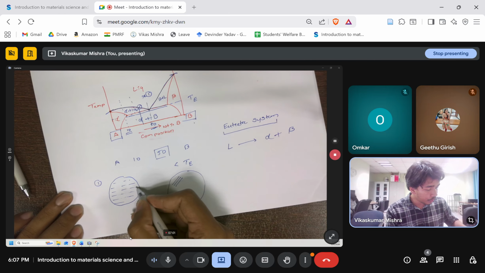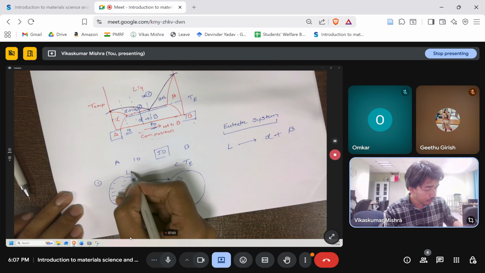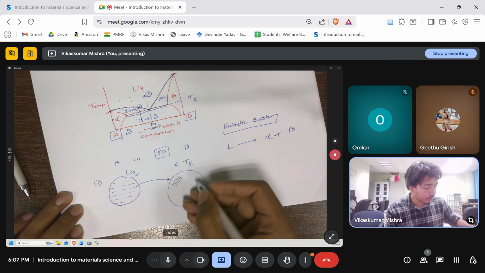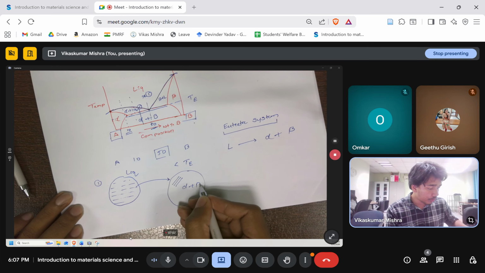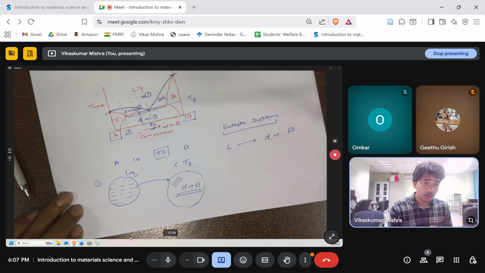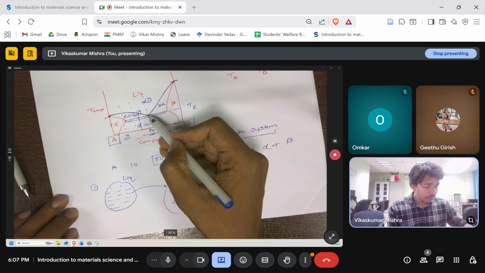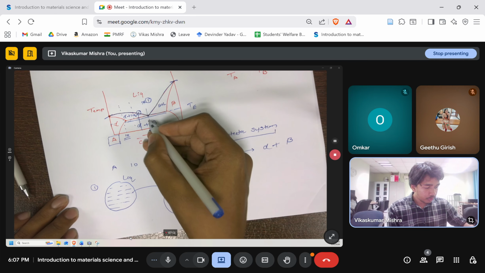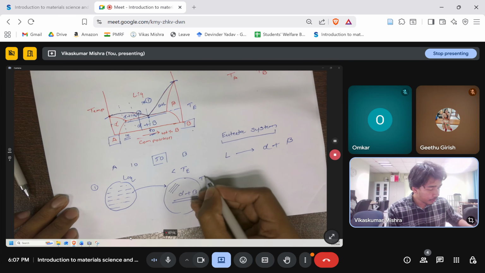So the liquid which was there is converting to a solid consisting of alpha plus beta. This is the TE.